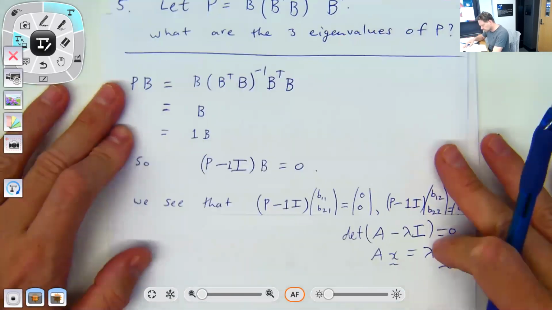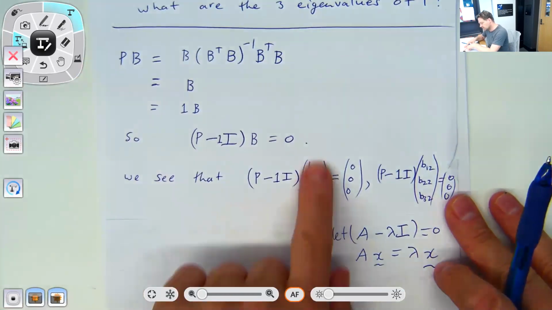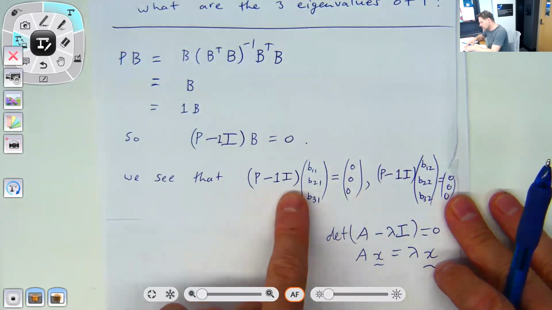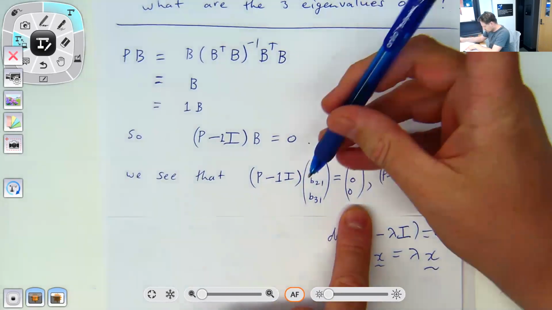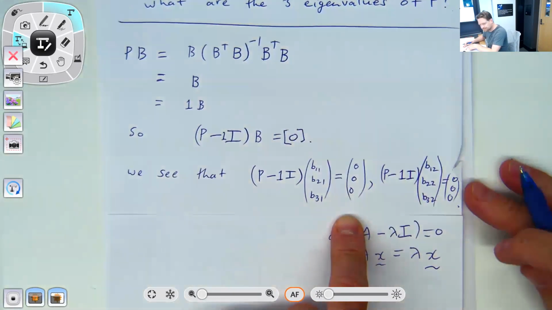We take the first column of this, P minus 1 times I times this first column gives us the 0 column, so that'll be a 0 matrix.